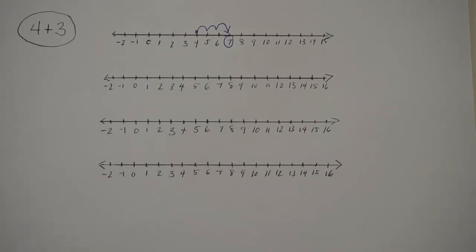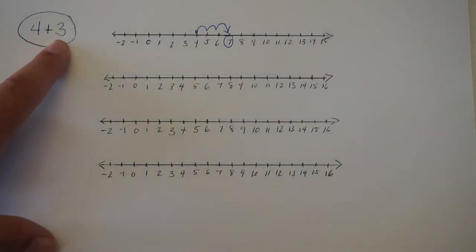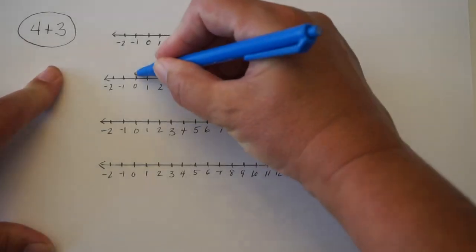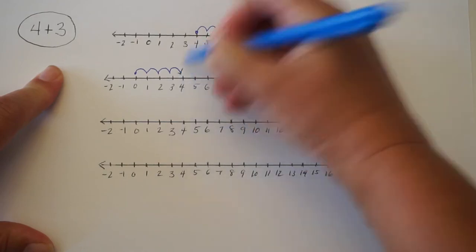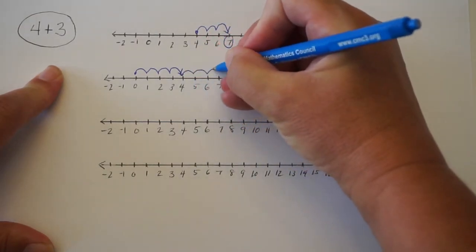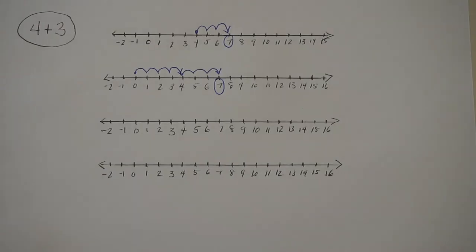It helps students understand addition, it helps them begin to learn their facts. Or perhaps the teacher will have the student represent both numbers, in which case you start at 0 and you count off 1, 2, 3, 4, and you go from there and count another 3, 1, 2, 3, and of course, in this case, we also end at the 7, so 4 plus 3 is equal to 7.